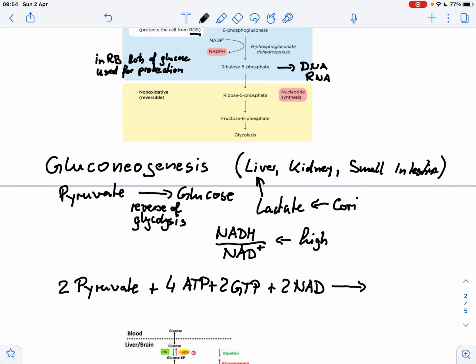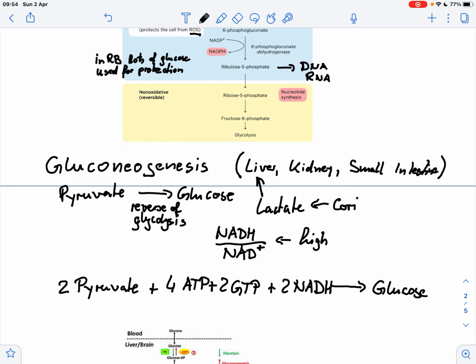And we convert that into 1 molecule of glucose. This glucose then can be exported and supply the erythrocytes with valuable glucose. So we run the glycolysis in reverse.